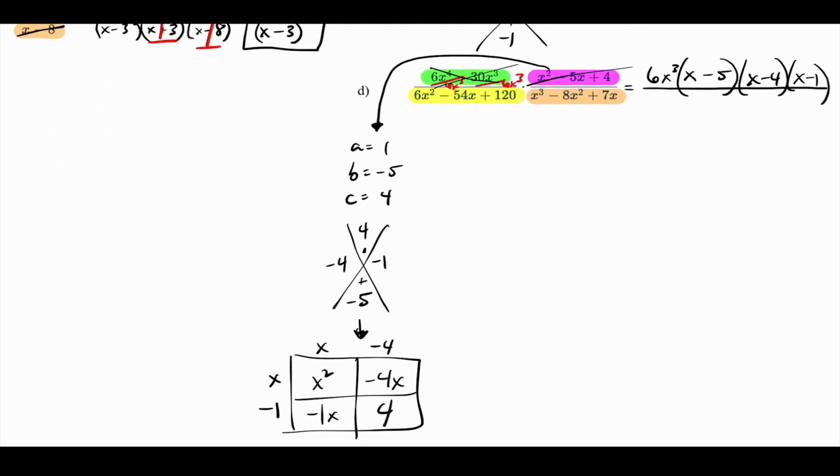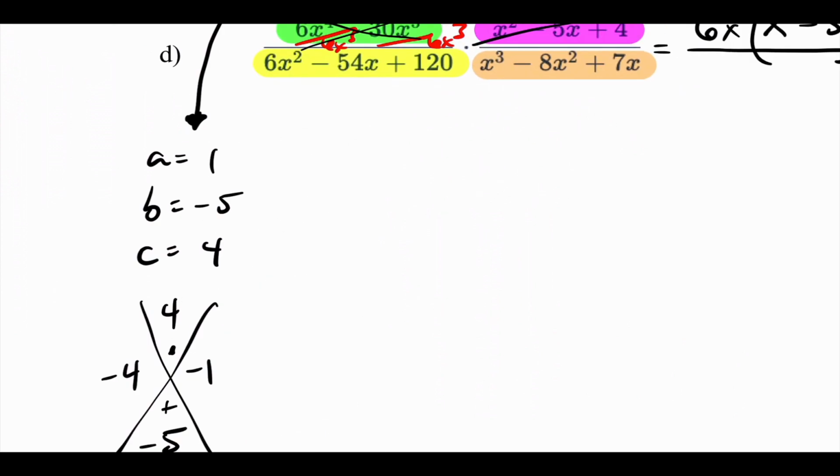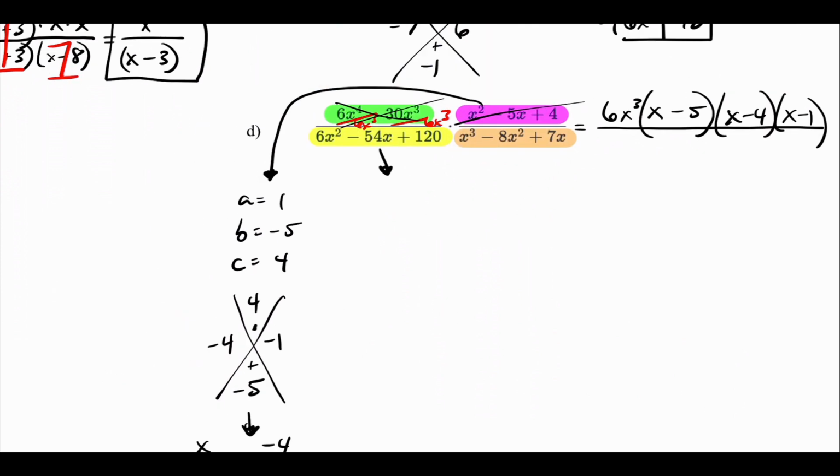Now the yellow. The yellow is also a trinomial. Let me write this down. Does the yellow have a GCF? It does, right?